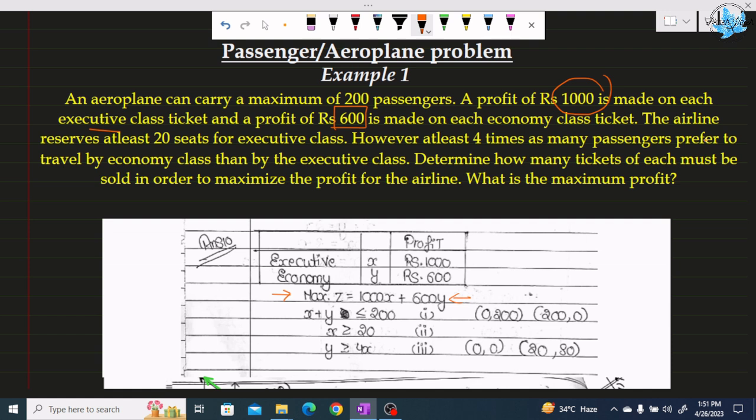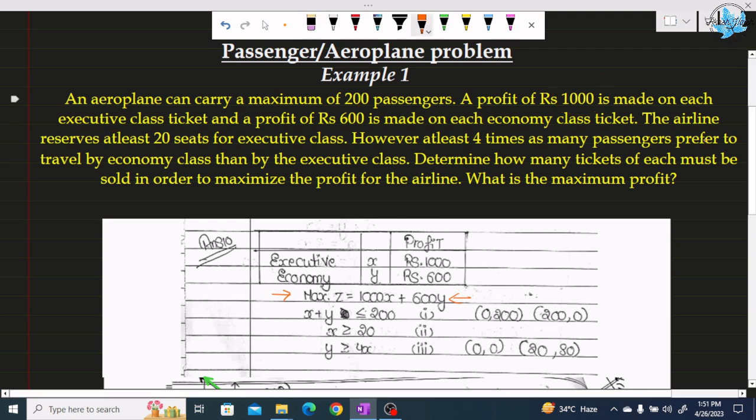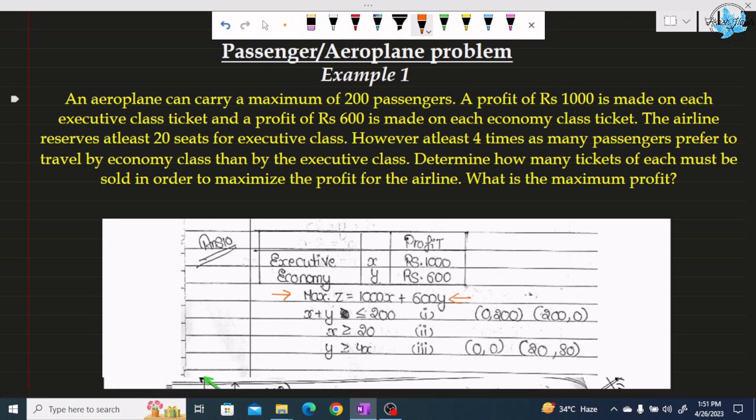Now we come to the constraint part. From the first line, you have two types of classes, the executive and the economy class, and there is space for a maximum of 200 passengers. So the number of seats x plus y will not exceed 200. Your first constraint is x plus y less than or equal to 200.